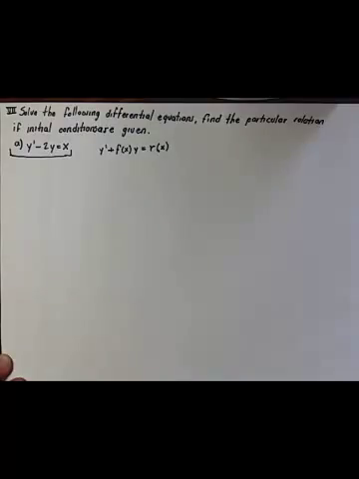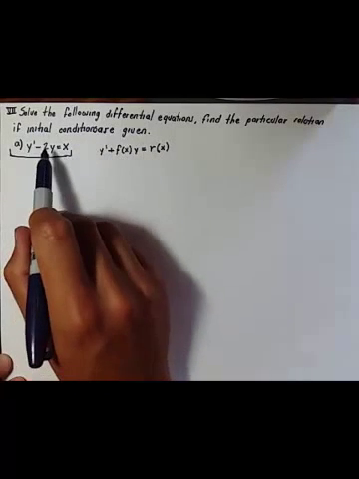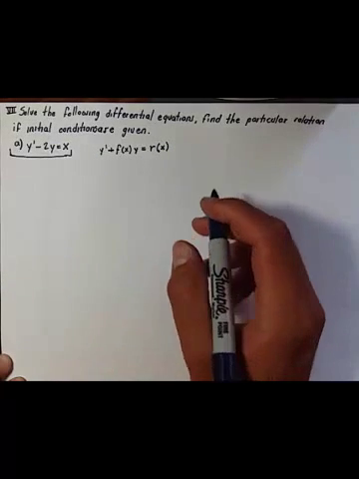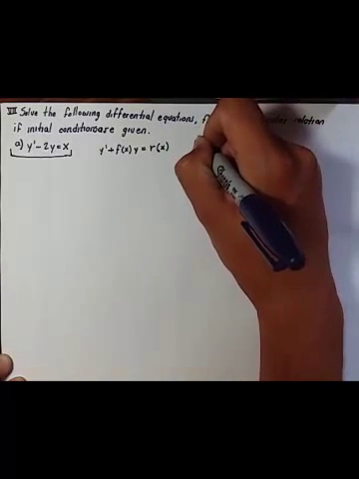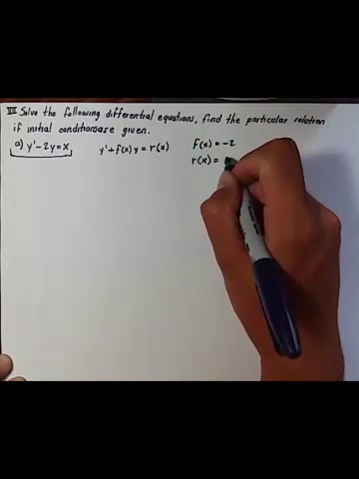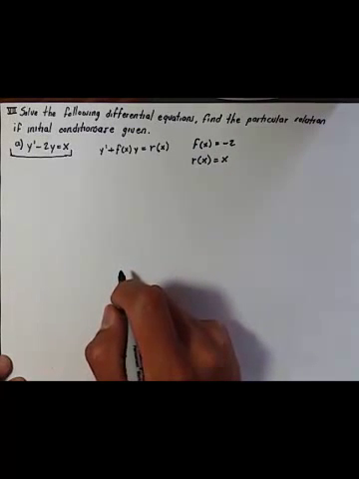Okay, with this we can assume that f of x equals -2 as shown in the first equation, and r equals x. Okay, with this we can go on to the solution.